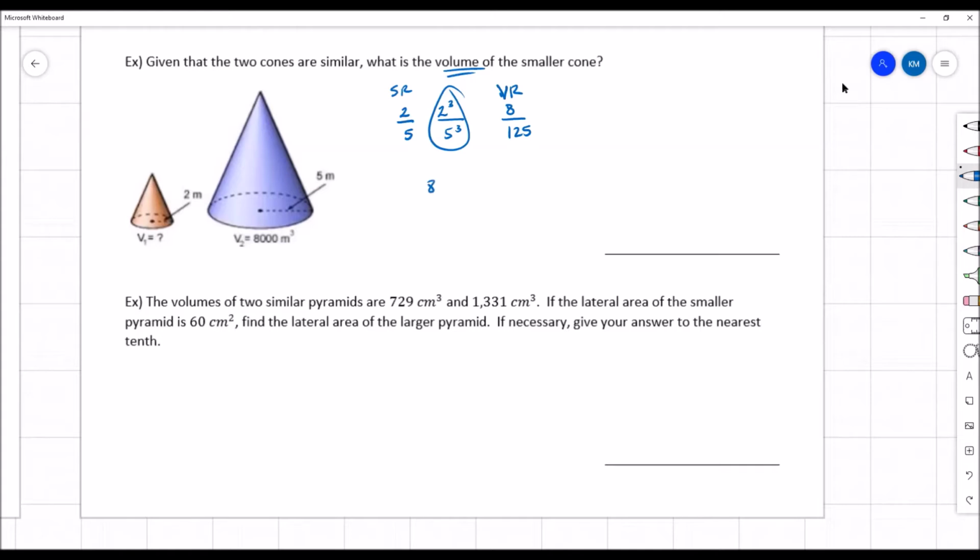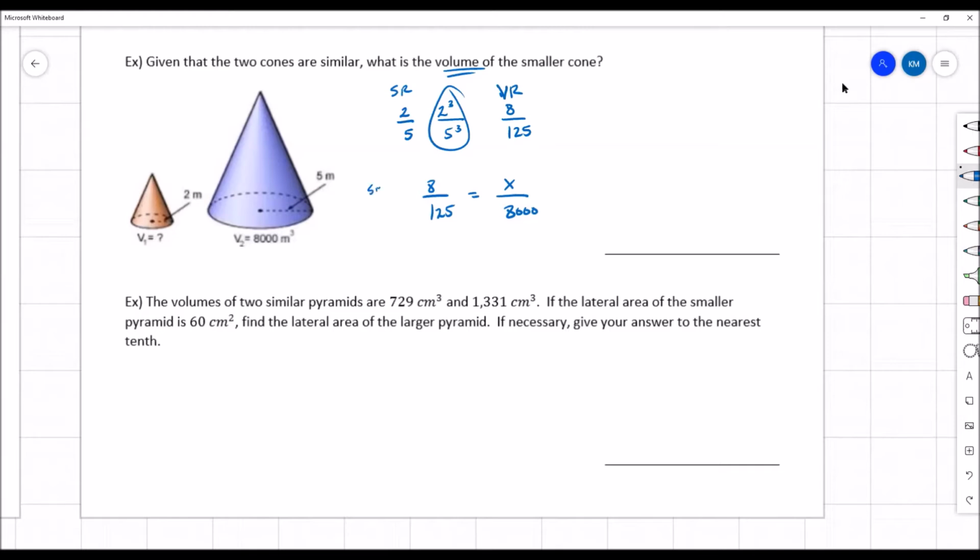Now that we know it should work with this ratio, we can set up our proportion of 8 over 125, since that's the ratio of their volumes, equal to x over 8,000. As we set this up, notice that 8 is the smaller number and goes with the small cone, and the unknown volume goes with the small cone. 125 is the large number, and the larger volume is 8,000.